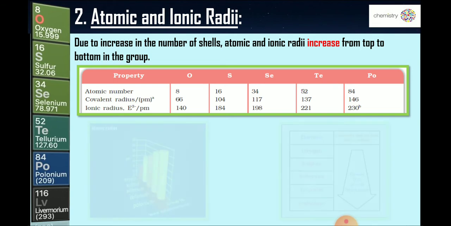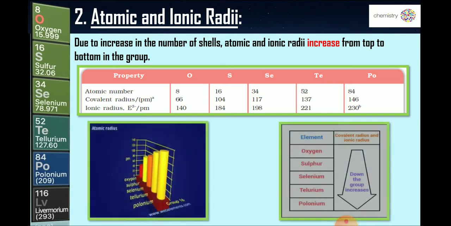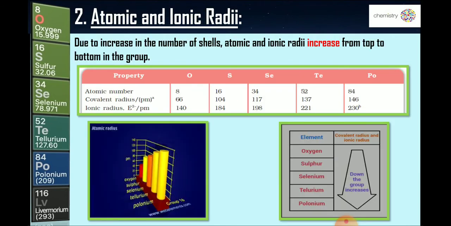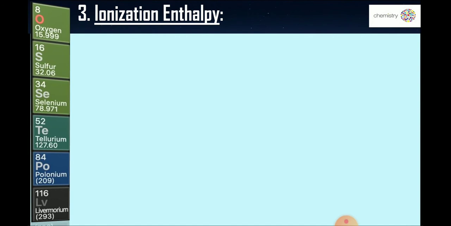These are the values of atomic and ionic radius that increase down the group. This concept we discussed in PUC first year in detail, why it increases and all. So here we are only studying how it varies. It increases down the group.